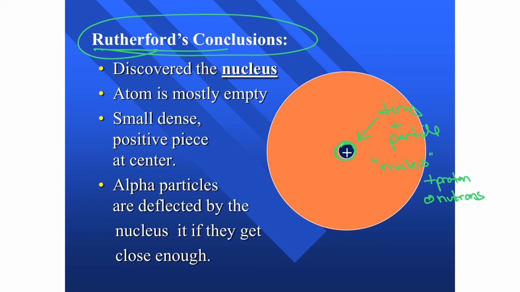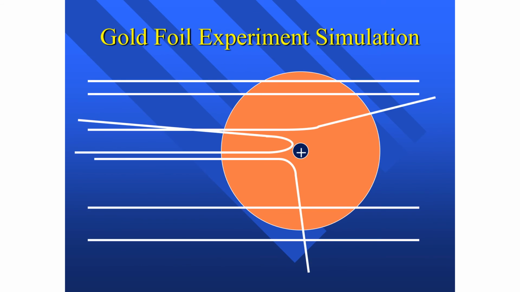And he said, well, this is why most of the alpha particles went straight through, because the nucleus is so, so tiny. But every once in a while, one of them would hit and bounce off, or if it was a direct hit, it would bounce straight back. And so that is exactly what we figured out.